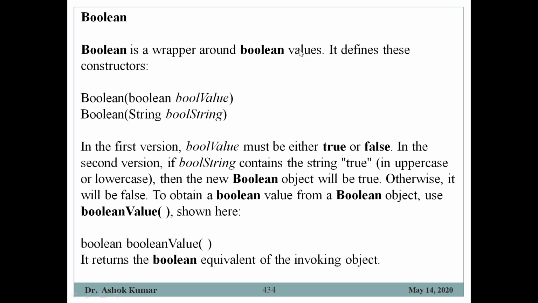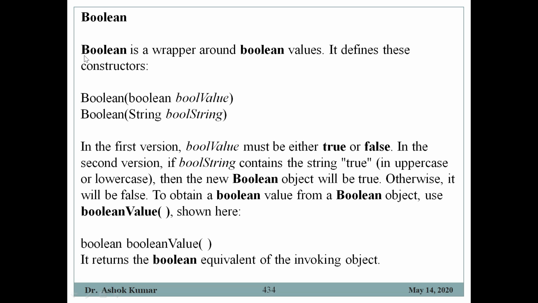Please notice that only one letter changes. The fundamental data type boolean has a small b, and the corresponding wrapper class has a capital B. I would like to remind you that Java uses the Pascal notation for naming classes, and in Pascal notation every word has its first letter capital. Here only one word is there, Boolean, so it has the first letter capital. In case of the fundamental data type, boolean b is small.